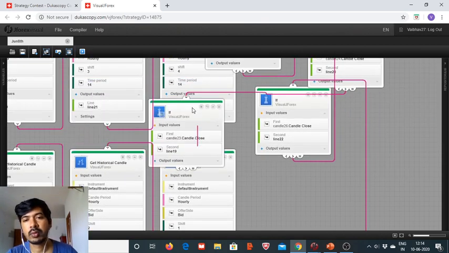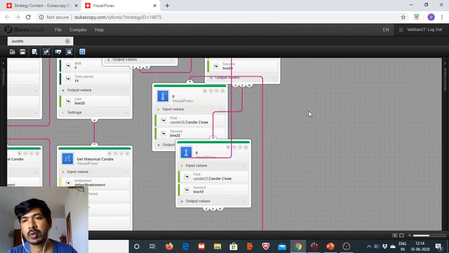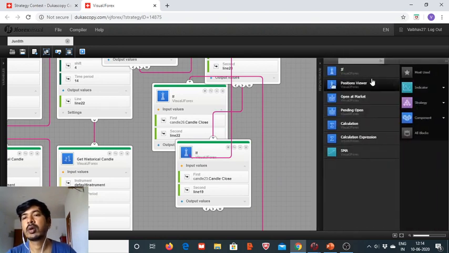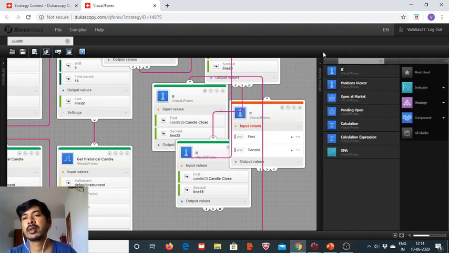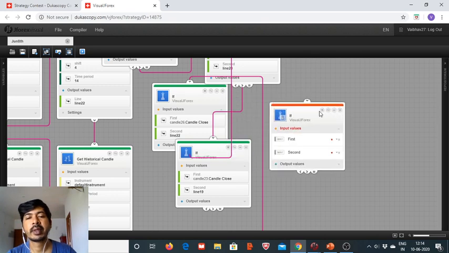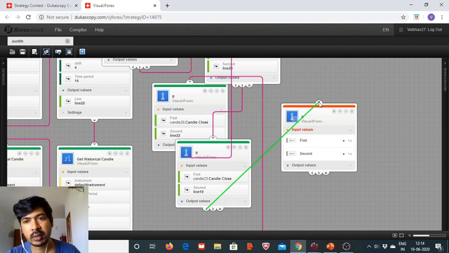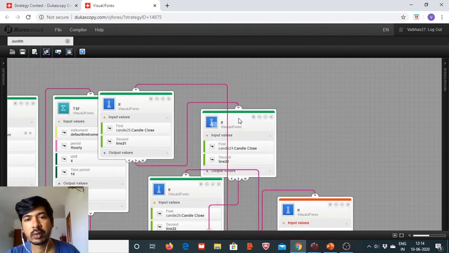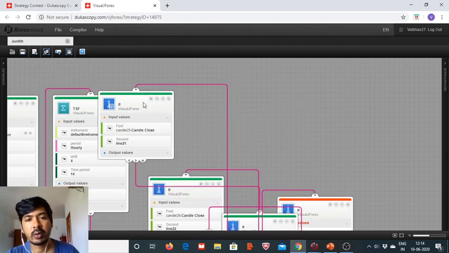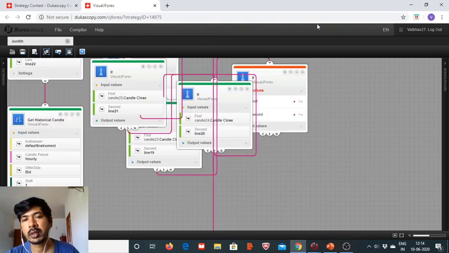So now we connect the flow to another if block and we take these blocks where they belong. It should be less than the second input. So let us now place all these.